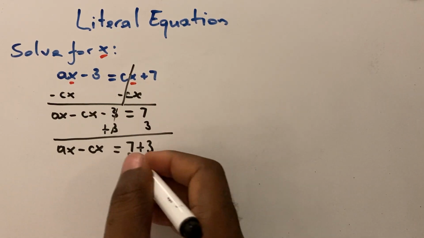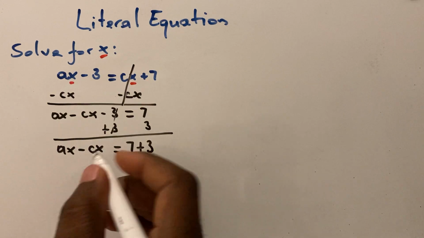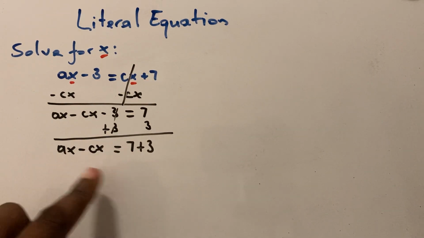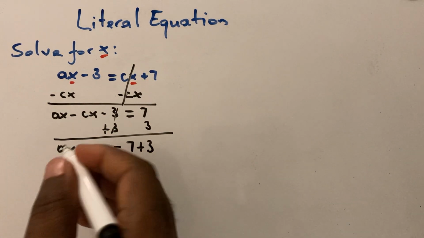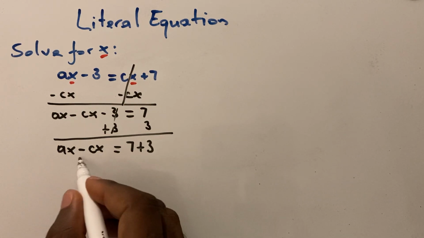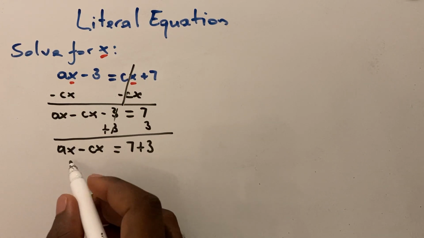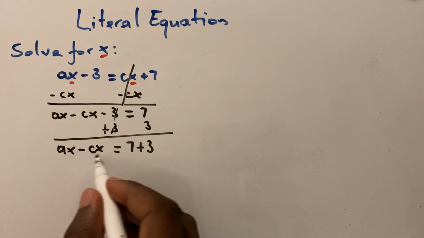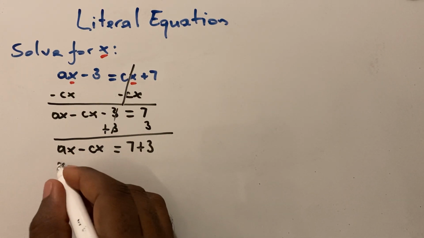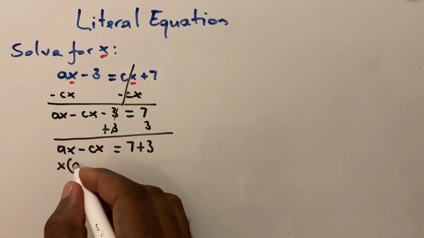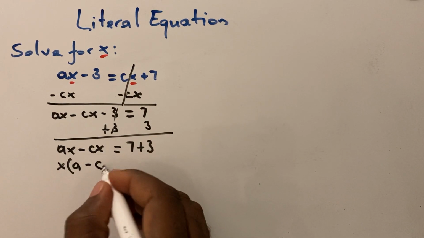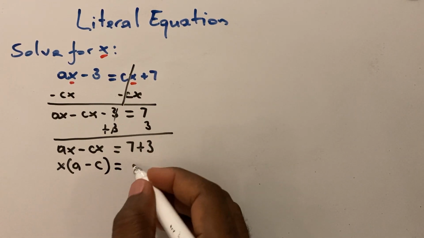From here, you have ax minus cx, so I can factor out the GCF, which is x. If I factor x out, I'll get x times a minus c equals 10.